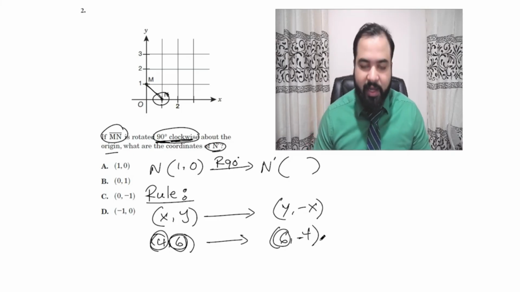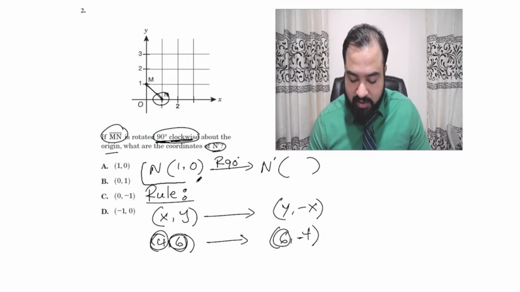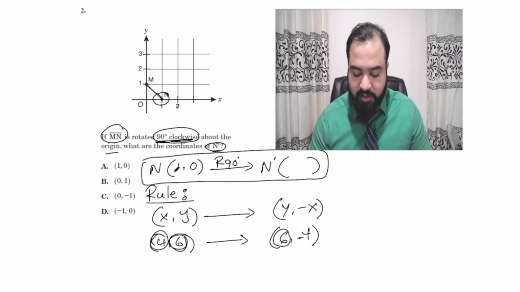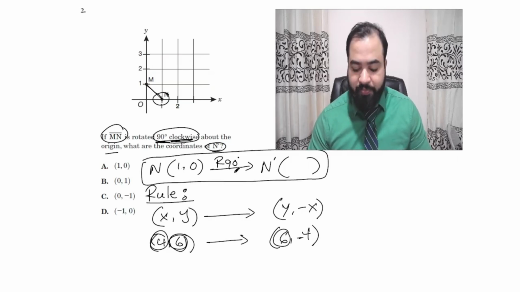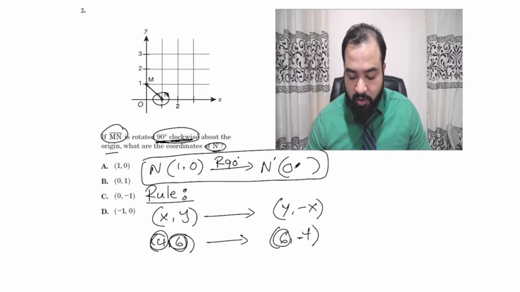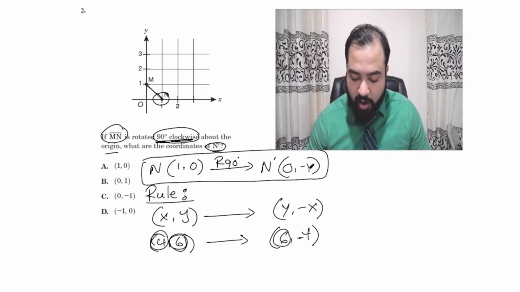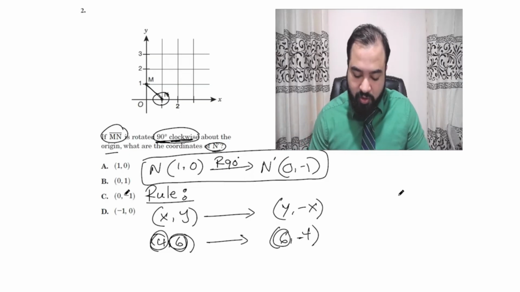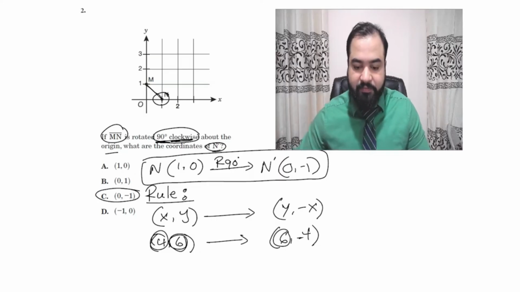If it is already negative, it will turn positive. Now let's try our original question, which is N 1 comma 0, and if it rotates 90-degree clockwise, it becomes 0 comma -1. You are absolutely right. So 0 comma -1, that's C.